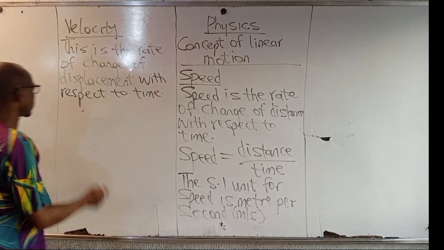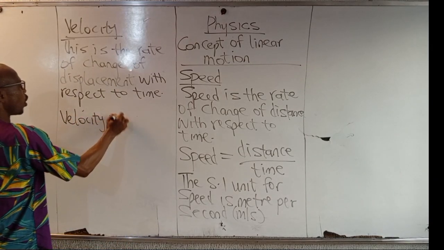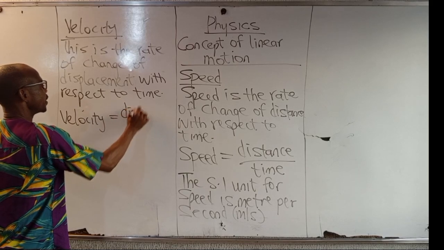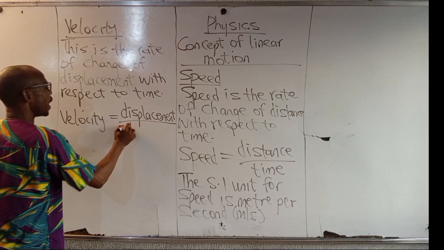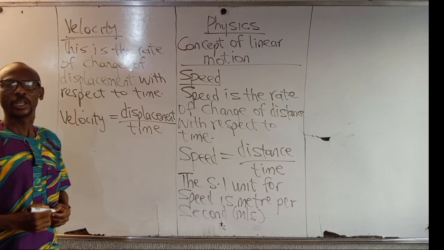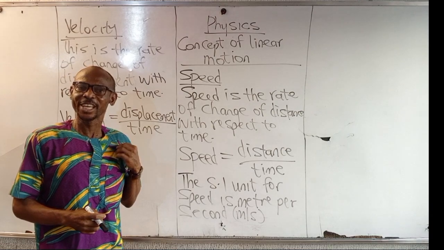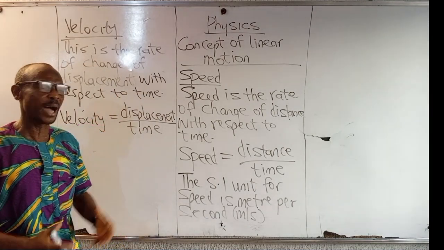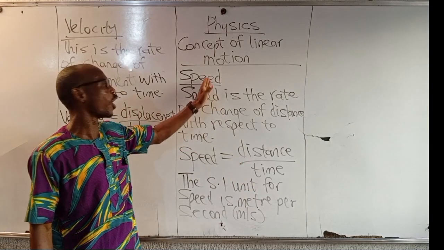So we can write velocity as this. So velocity is equal to what? Displacement all over time. The SI unit for measuring velocity is also meter per second, having the same unit as that of what?